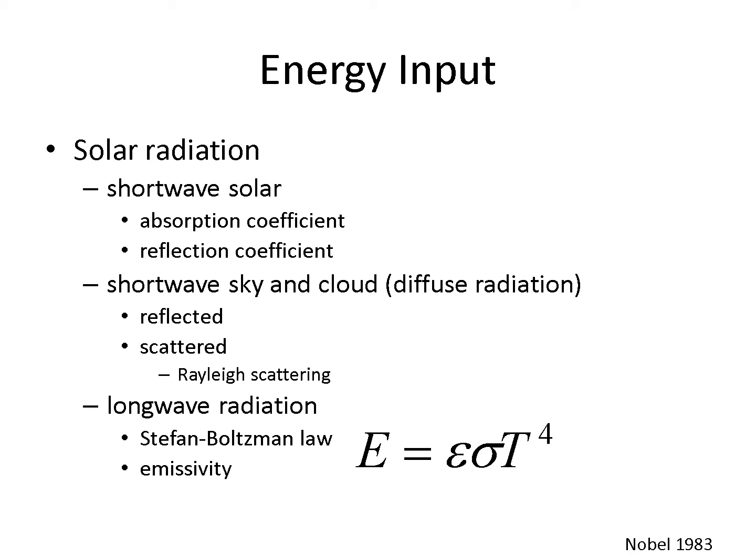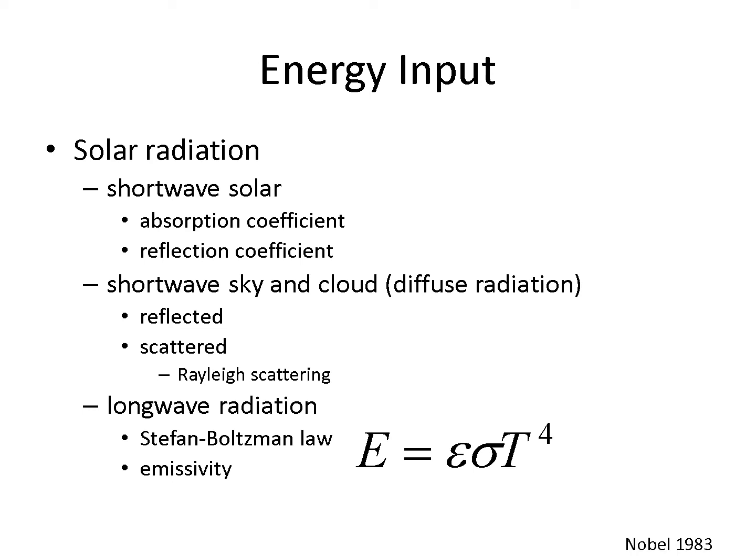Long-wave radiation is infrared radiation, radiation in wavelengths longer than the visible spectrum. An important thing to understand about long-wave radiation is any object above absolute zero, or 0 degrees Kelvin, emits long-wave radiation.